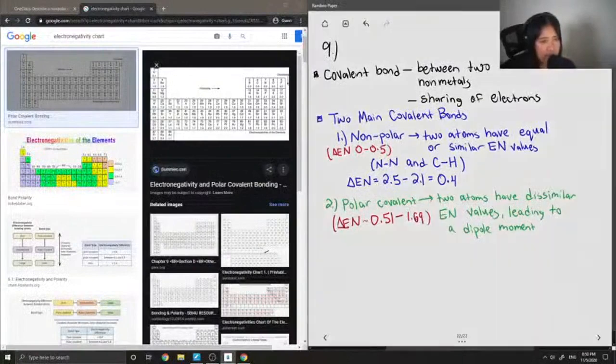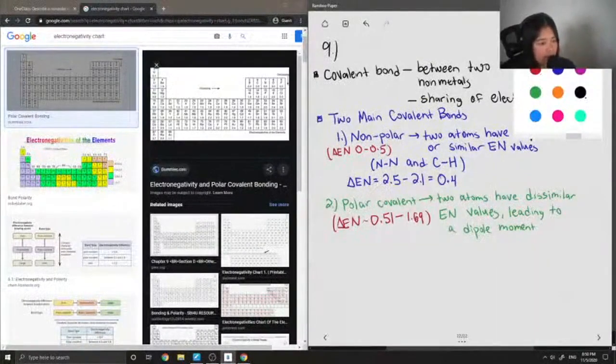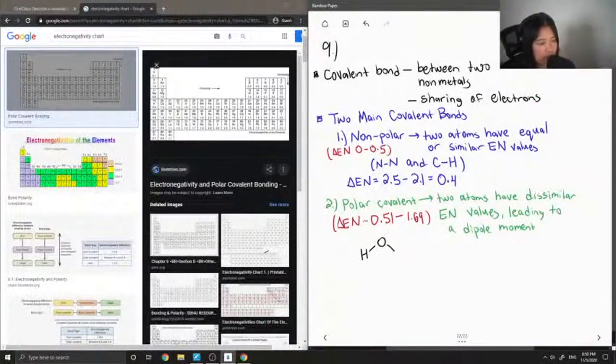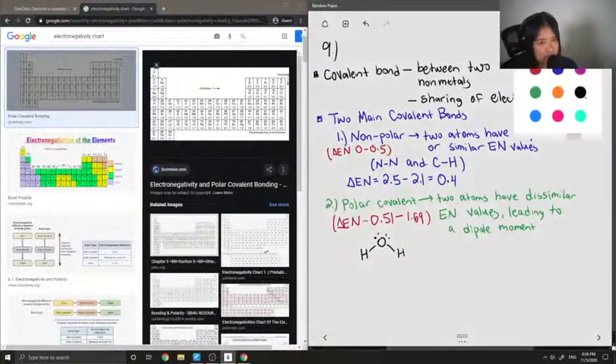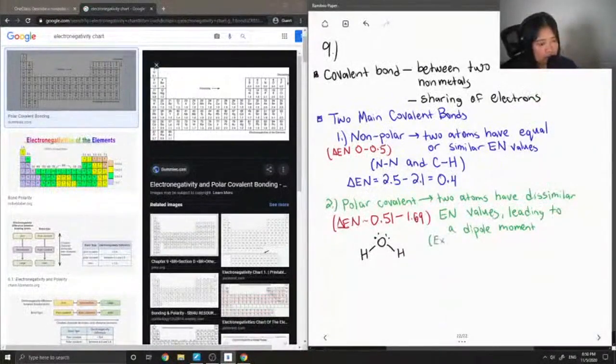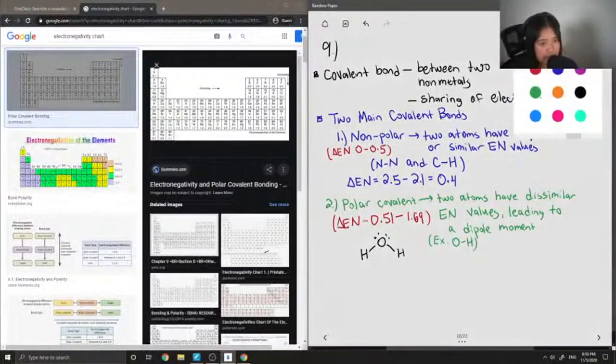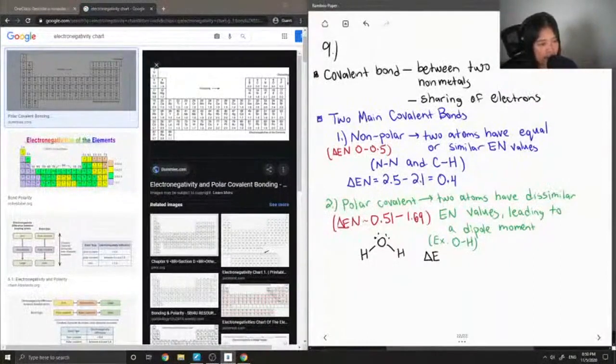So let's write out the example of water. The water molecule is a polar molecule, and the bond between oxygen and hydrogen is also polar. We can also calculate the difference in electronegativity for oxygen and hydrogen.